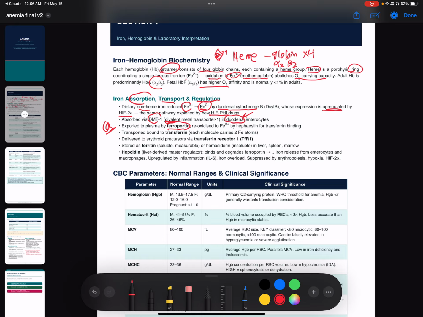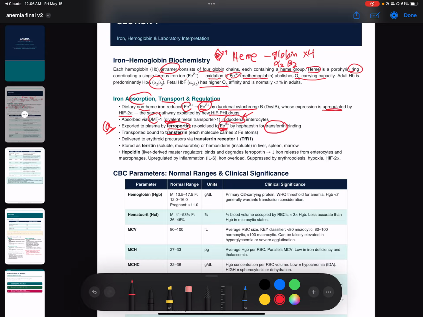Then this iron will be exported by ferroportin. So ferroportin, from the name ferro, iron, portin, which will port or transport the iron mainly to the plasma. And in the plasma, it will be reoxidized to Fe3+ because transferrin cannot bind to Fe2+, it only binds to Fe3+.